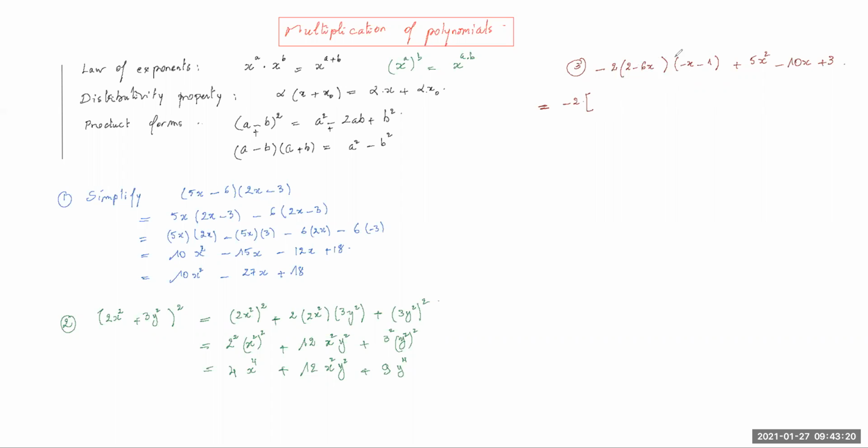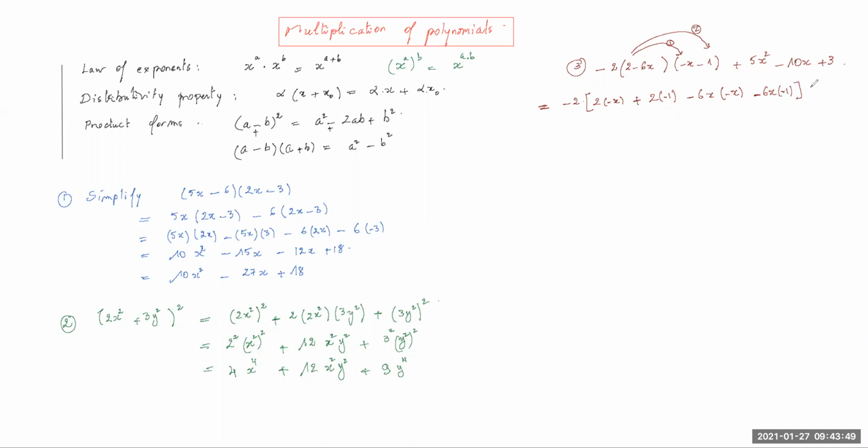So use the distribution: 2 times minus x, then 2 times the second. First step, second step. 2 times minus x, then plus 2 times minus 1, then minus 6x times minus x, then minus 6x times minus 1.